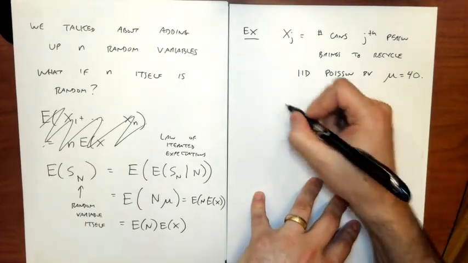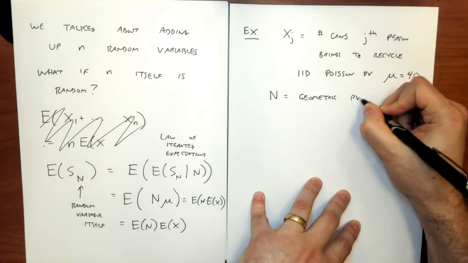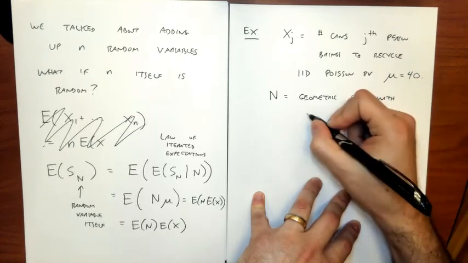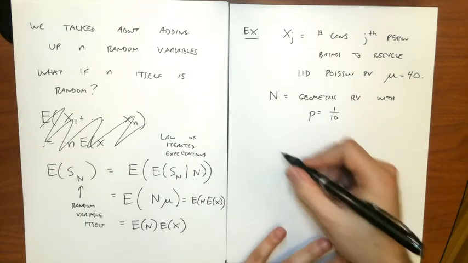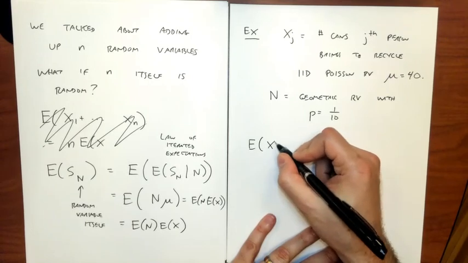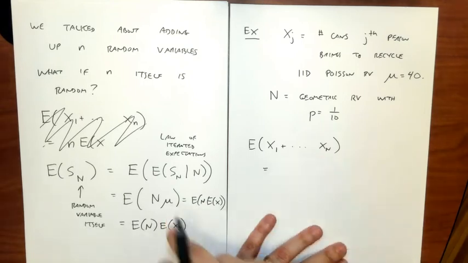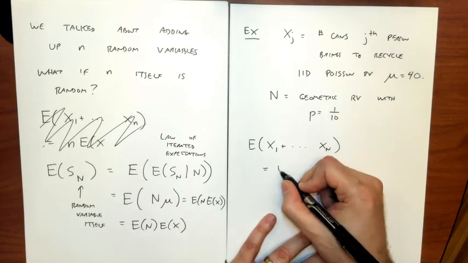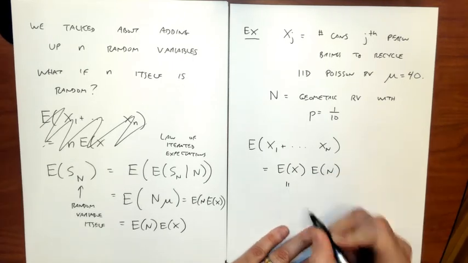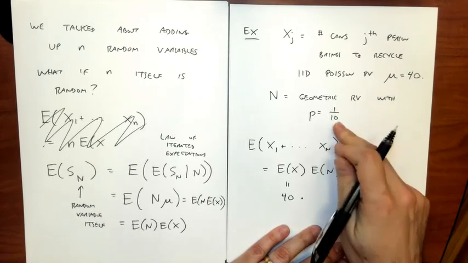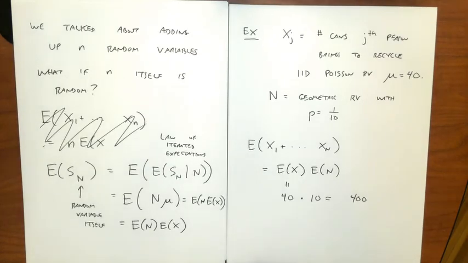And then let's say that the number of people is a geometric random variable with parameter 1/10. I want to know the expected value of the total number of cans that come to my recycling plant. By what I just said, I take the expected value of each of the x's and the expected value of n. I told you this was 40 per person, and I expect on average 10 people, so I get 400 cans, right?